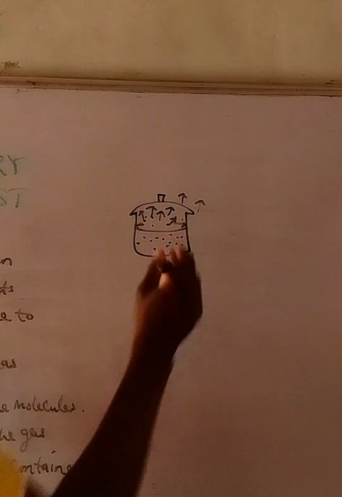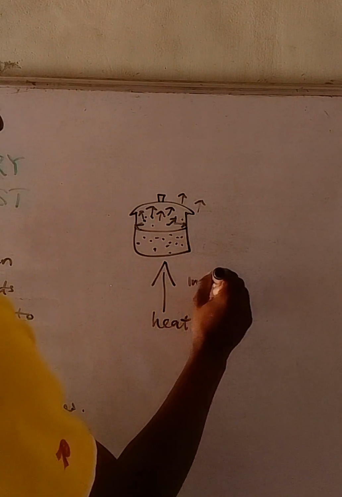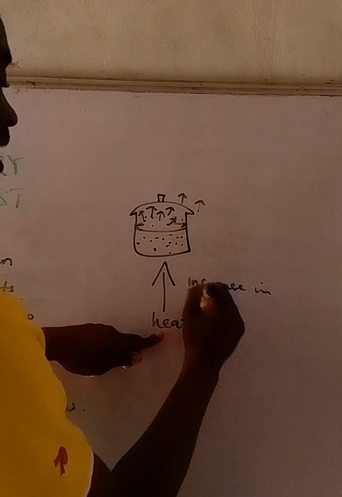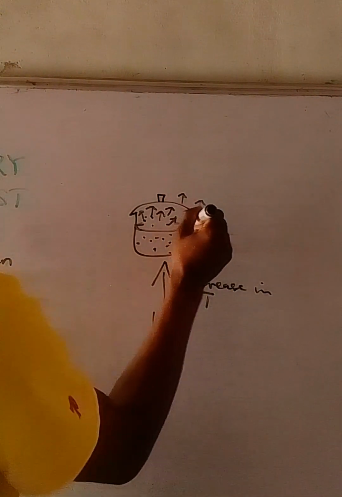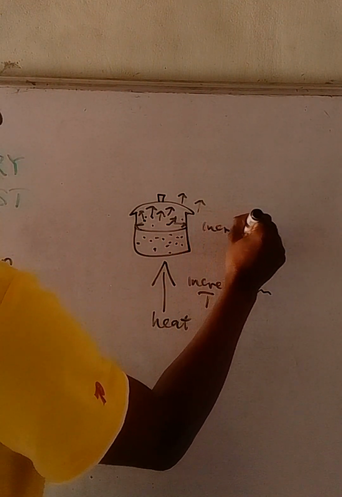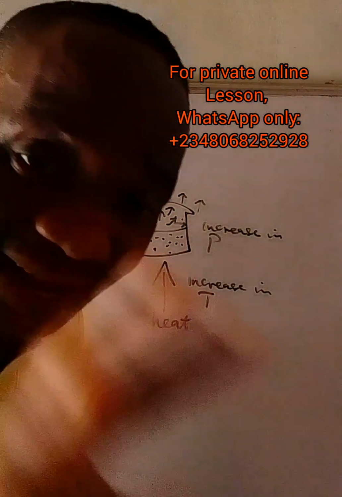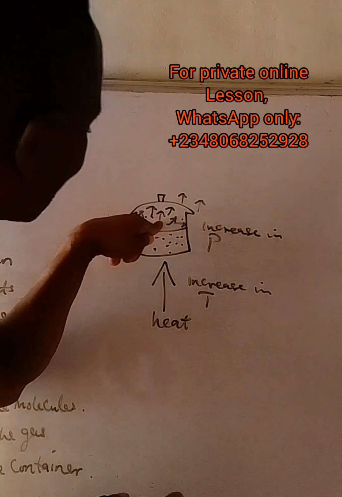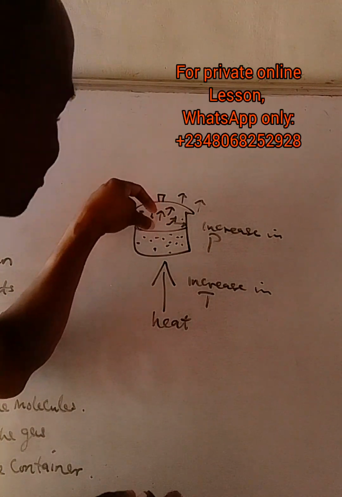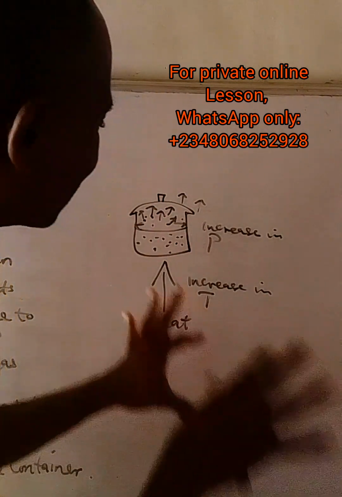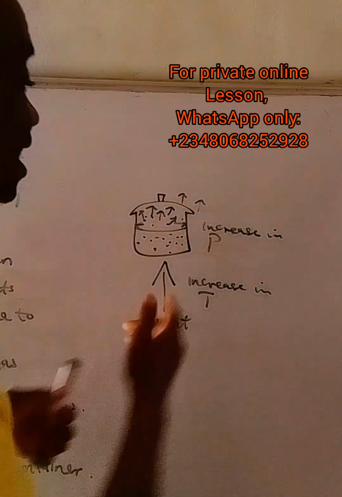What has happened? There is an increase in the quantity of heat, which is an increase in temperature. And this leads to an increase in pressure. Pressure means to press. The ability of these energetic molecules of vapor to press on themselves and press on the walls of the container increases.